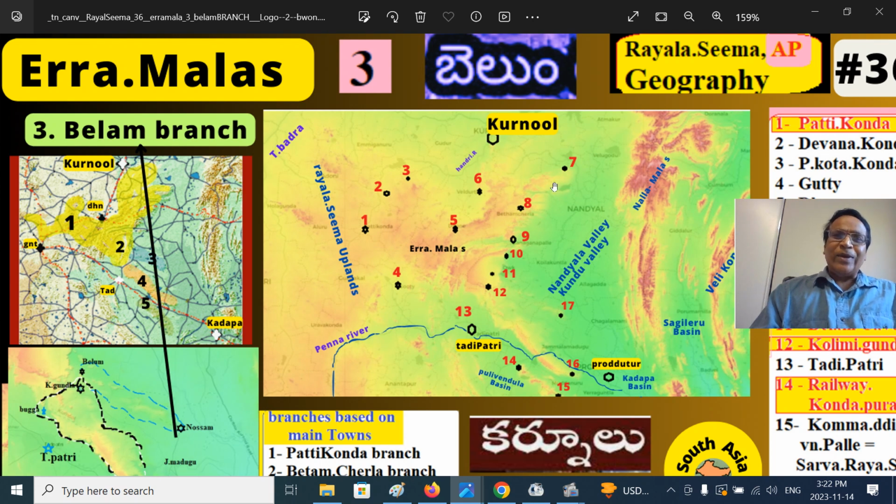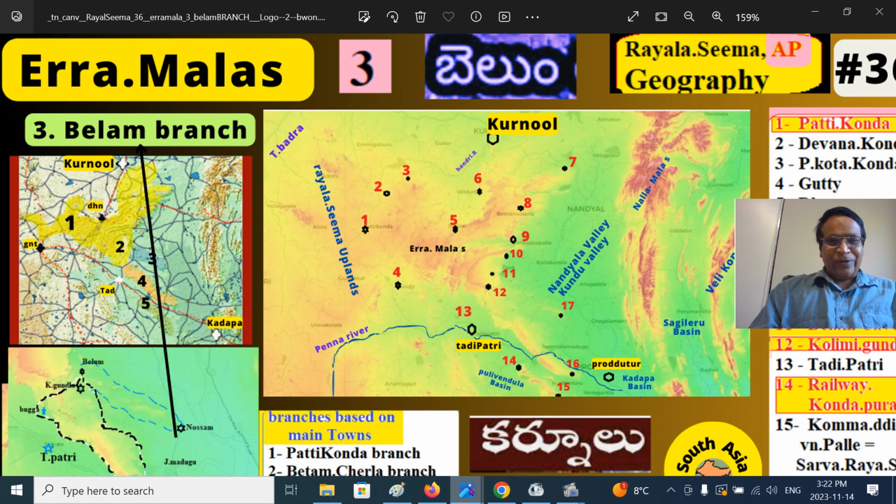To the west are the actual Erramala mountain ranges. They merge into the Handri river basin, the Tungabhadra and Bhavanasi river basins and Hagari. This is the RayalaSeema upland region called the RayalaSeema Peneplains. This is the Penna river, that is the Kadapa basin. These are the surrounding areas of Erramala.